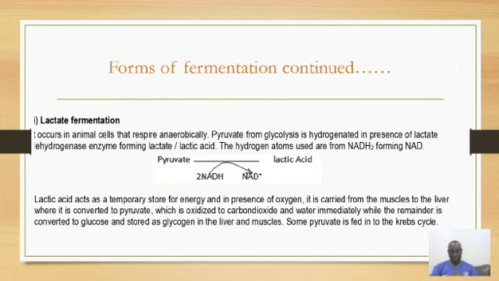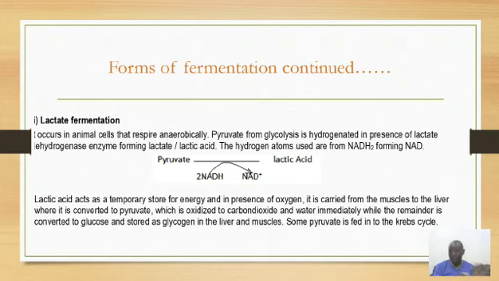Now, some pyruvate is oxidized to carbon dioxide and water, while the remainder is converted to glucose. Now the reverse of glycolysis, this time from pyruvate back to glucose. Some pyruvic acid is converted or oxidized to carbon dioxide and water, thereby getting rid of the lactic acid.